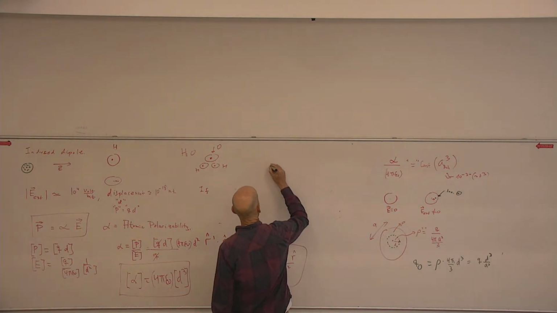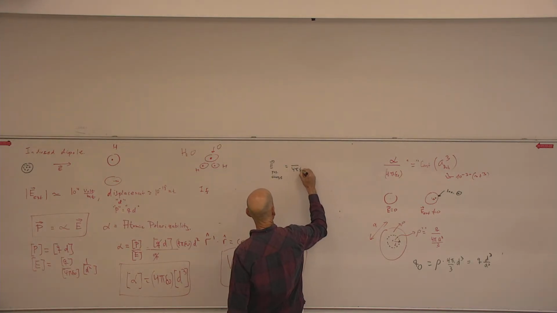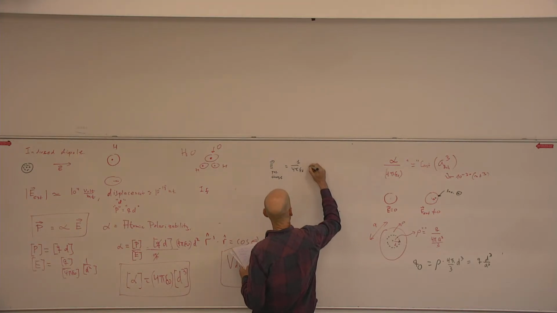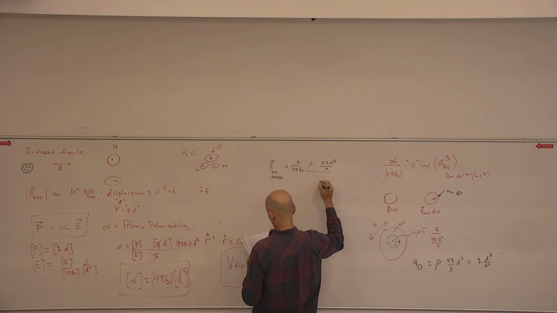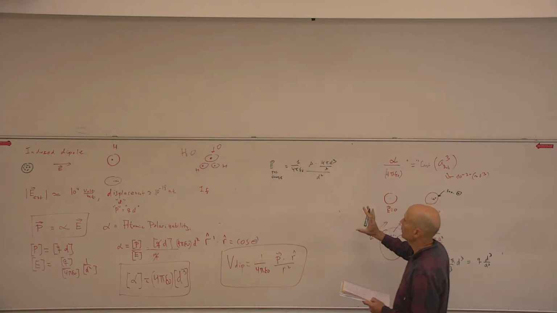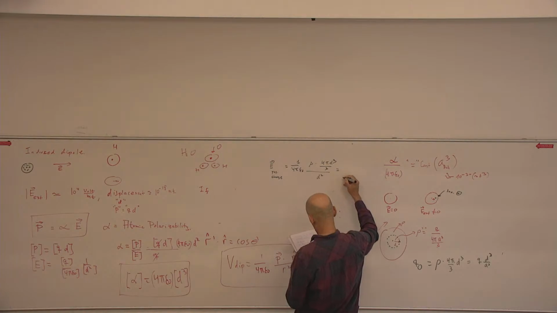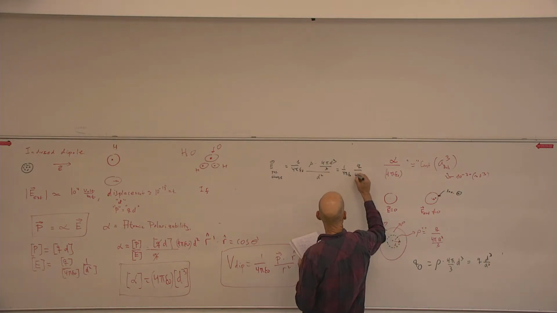So the E on the positive charge, which is equal to the external field, is 1 over 4 pi epsilon 0, as usual, rho times 4 pi d to the power 3 over 3, divided by d squared. That is simply Coulomb's law from high school, actually. So this is equal to 1 over 4 pi epsilon 0 q, this is what we wrote here, over 4 pi a to the 3 over 3.